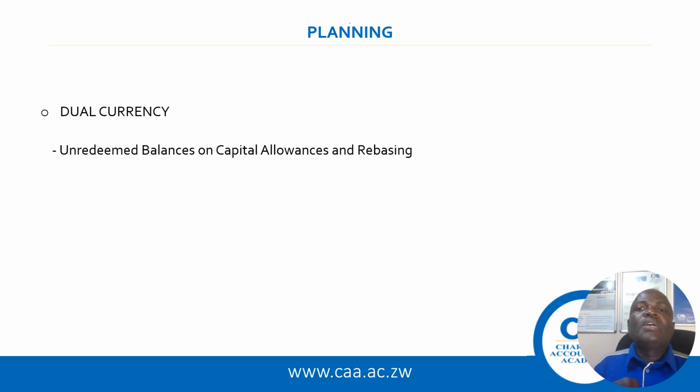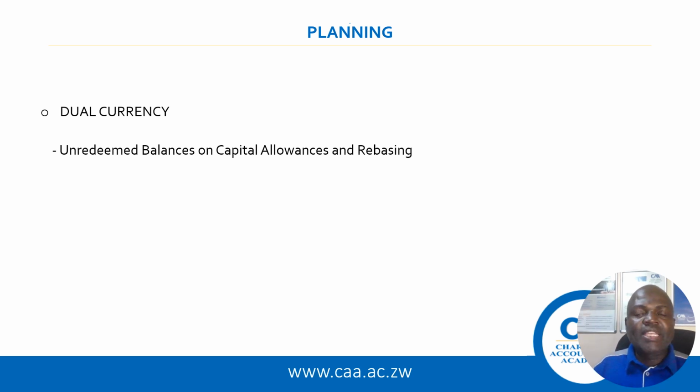That can be a problem, given that inflation will result, maybe in 4 years' time, in the Zimbabwean dollar cost that was there at the time of acquiring the asset having been eroded, and therefore the base on which the capital allowances will be calculated will be eroded as well. For that reason, our tax law has allowed rebasing.